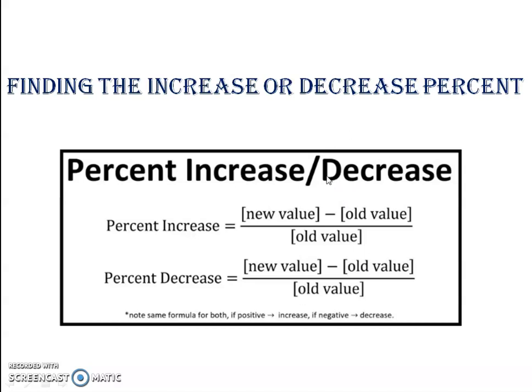In this formula you can see that the denominator is always the old value or original value. The difference is that in percentage increase you will get a positive number and in percentage decrease you will get a negative number. Hope it is clear. Let's start the questions.